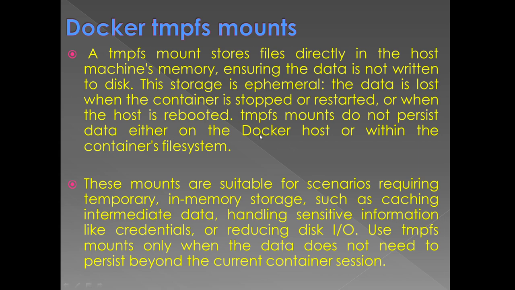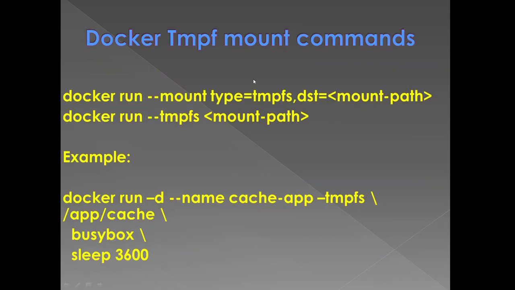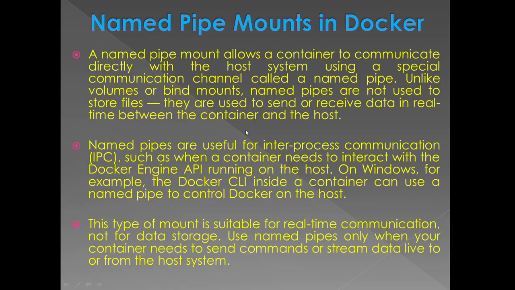These mounts are suitable for scenarios requiring temporary in-memory storage, such as caching intermediate data, handling sensitive information like credentials, or reducing disk I/O. Use tmpfs mounts only when the data does not need to persist beyond the current container session. These are the Docker tmpfs mount commands.